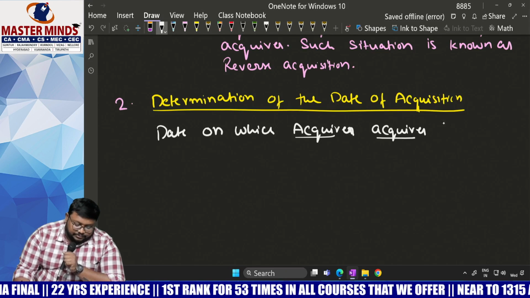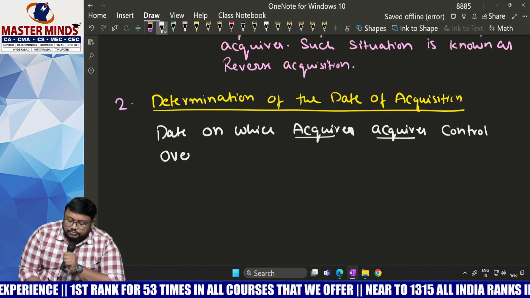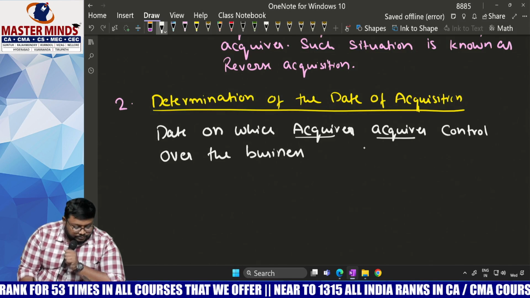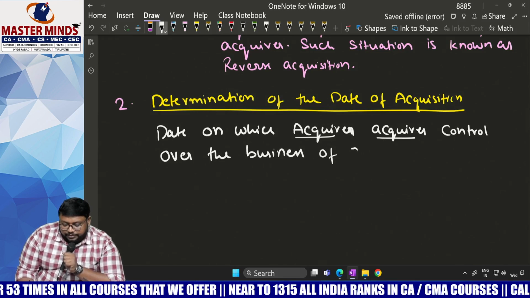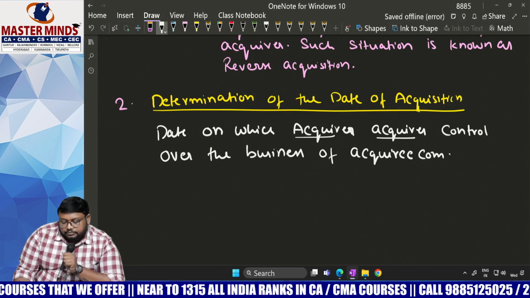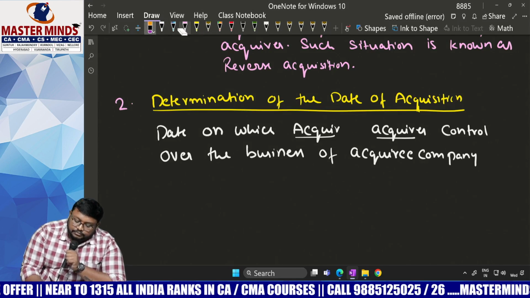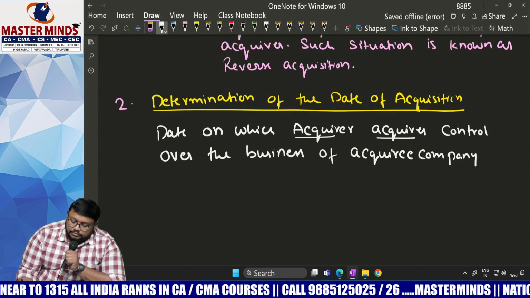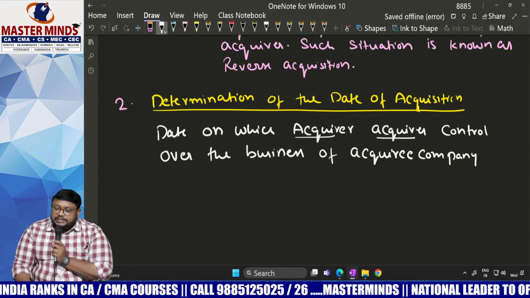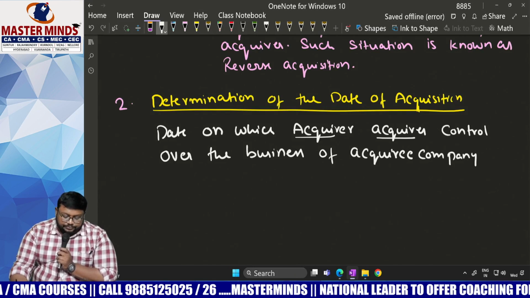Acquirer acquires control over the business of the acquiring company. The date on which they acquire the control will be considered as the date of acquisition.